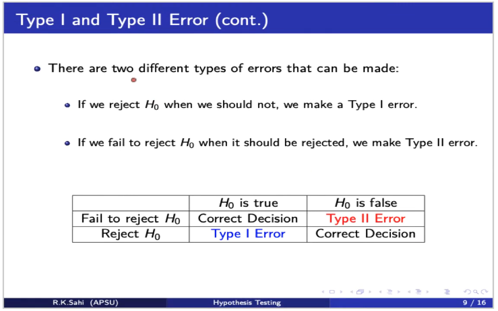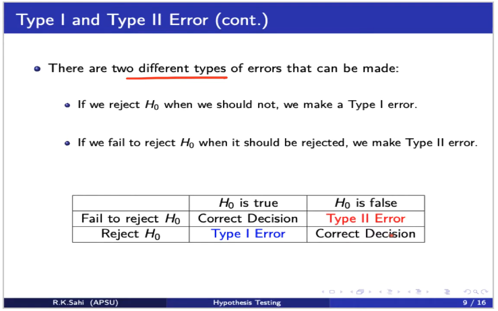Okay, these two types of errors which are made, we're going to create a little table which will make our life simple. On the row side, we will say fail to reject the null hypothesis, or we reject the null hypothesis based on our analysis. In reality, going column-wise, the last two columns are telling that the second column says, in actuality, the null hypothesis was true.